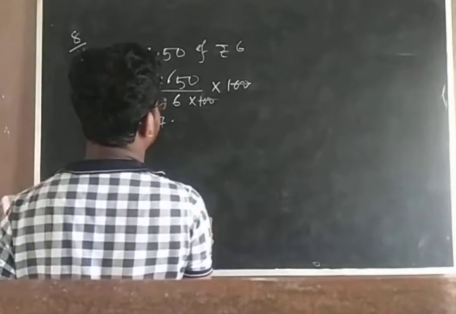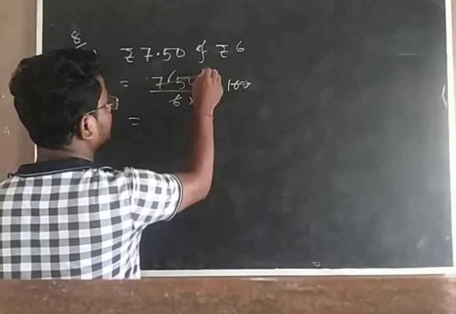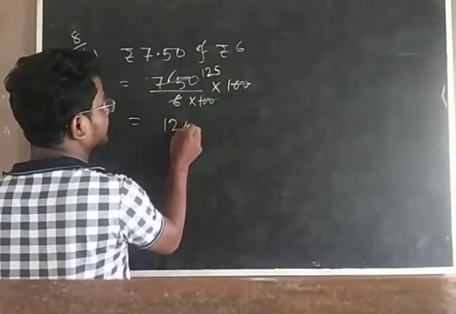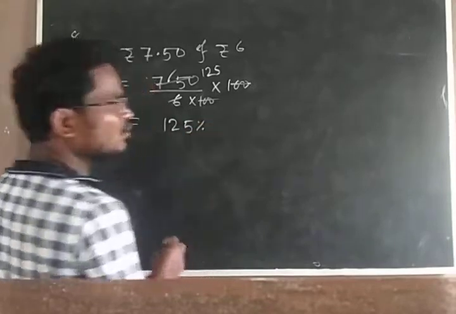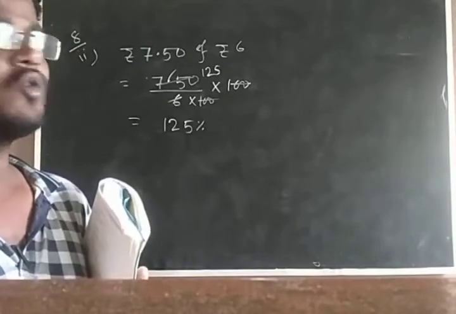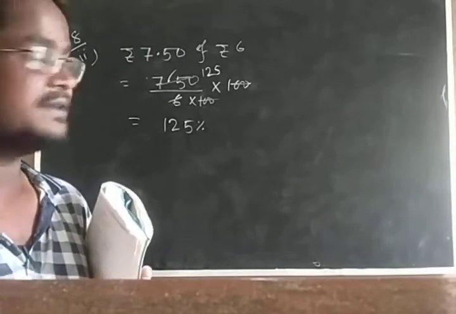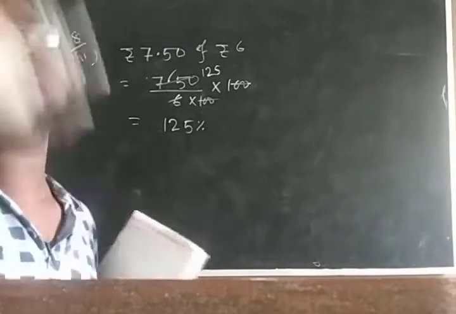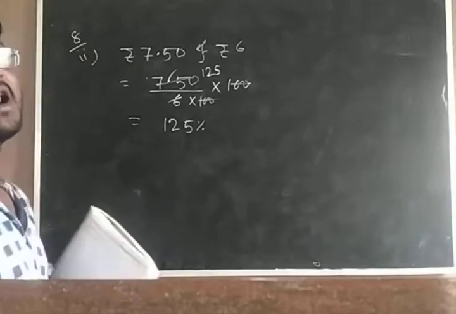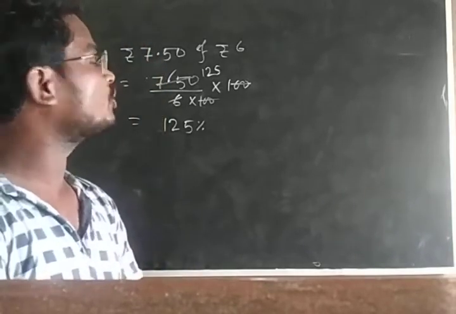It is 125%. Some students think, sir, 125% out of 100? Yes, out of 100 it is 125. Suppose in a 100 marks exam, you have done so many questions accurately and used many methods.